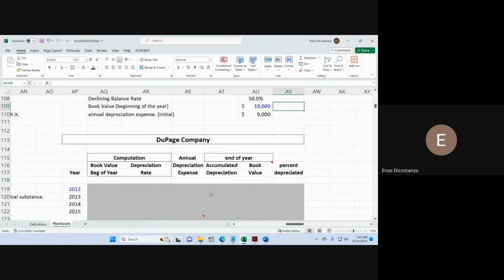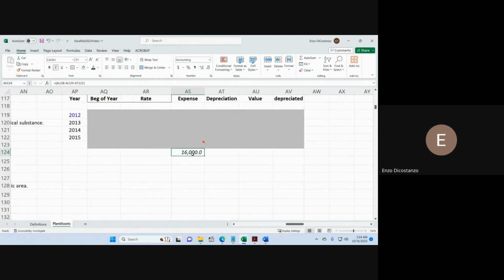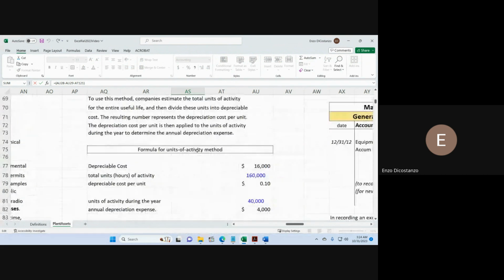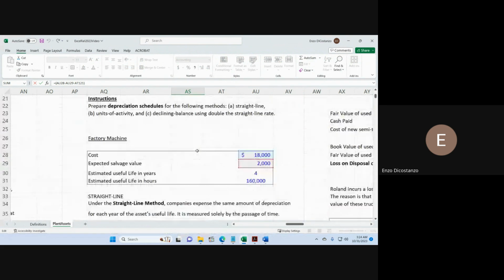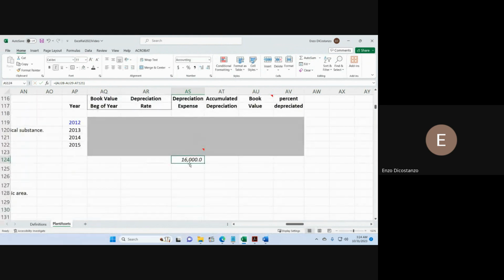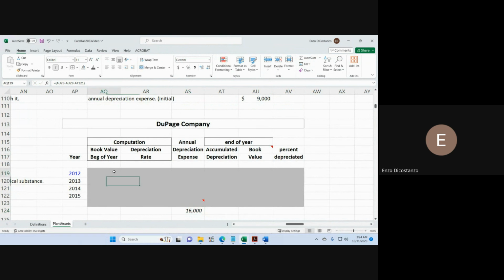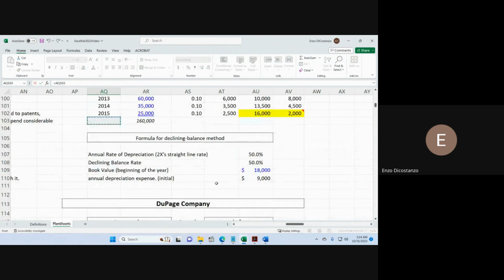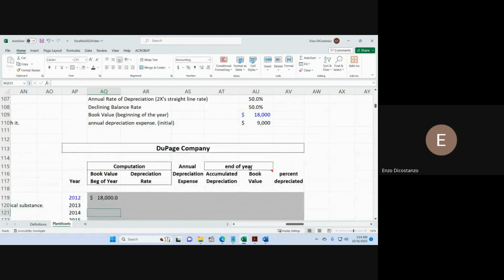Okay. Now this operates slightly differently here. We'll get to this check in a second. So the book value at the beginning of the year is just that 18.